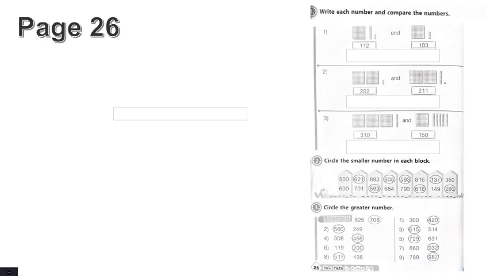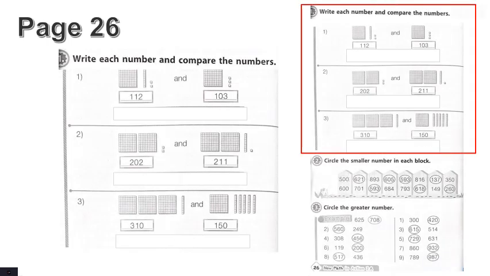Page 26, number 1. Write each number and compare the numbers. I'll give you an example for number 1. We have here 112 and 103.